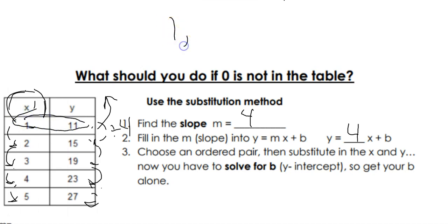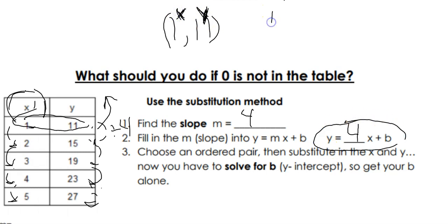I'm going to plug in 11 for y, and I'm going to plug in 1 for x into this equation. So I'm going to have 11 equals 4 times 1, plus b.